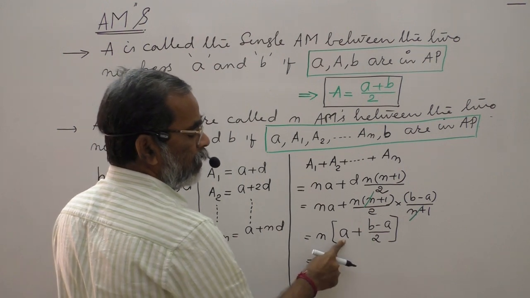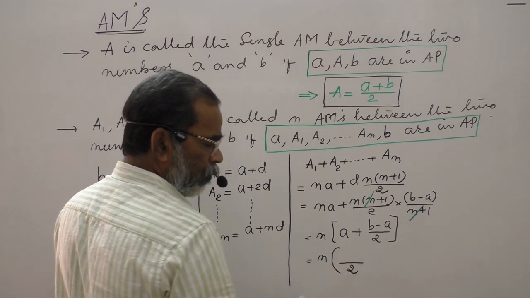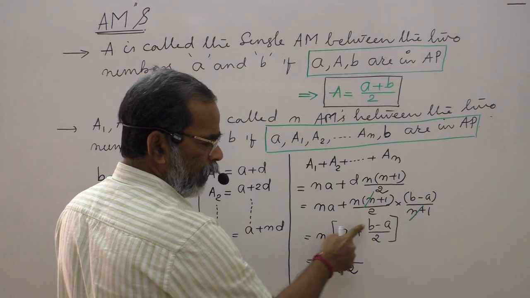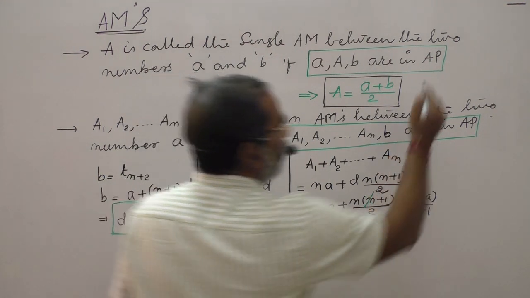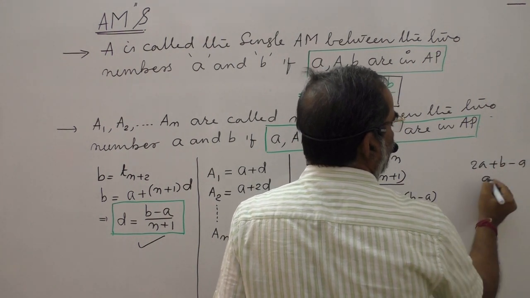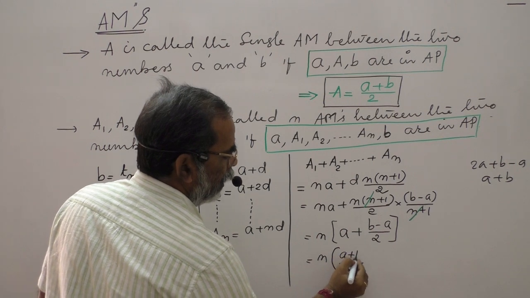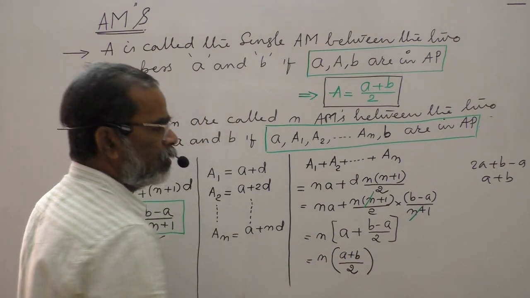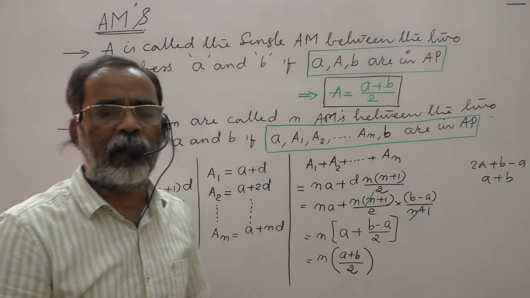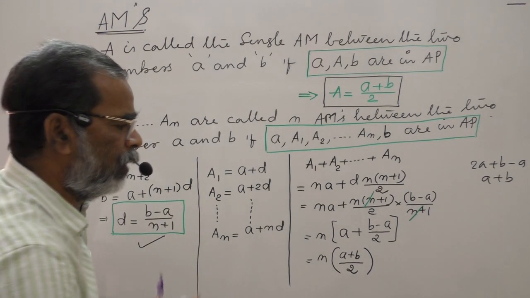If you take the LCM here, the LCM is 2. What do you get? 2a plus b minus a, nothing but a plus b. So this is a plus b. This is the sum of n AMs between two numbers a and b.